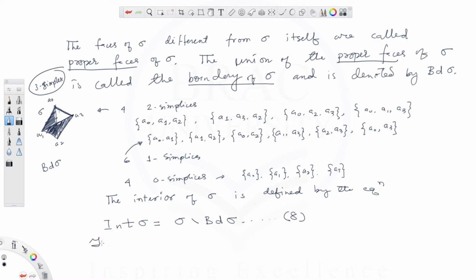Here the interior of sigma is the region inside this tetrahedron. The set interior of sigma is sometimes referred to as an open simplex.